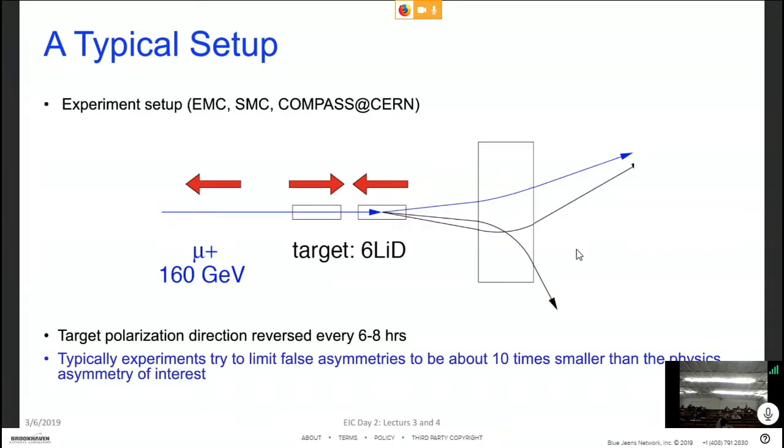Now there is a small problem here: the angle subtended by the front target, which is shown here with the detector, is slightly different than the angle subtended by the back target. That creates a geometric acceptance asymmetry, which we can take care of by simply flipping the spin of these two. Because if I flip the spin, I'm getting this target, which otherwise is identical, but with the spin the other way, sitting at a larger distance. And so we can flip between the two and keep on doing that every 20 minutes and average over that.